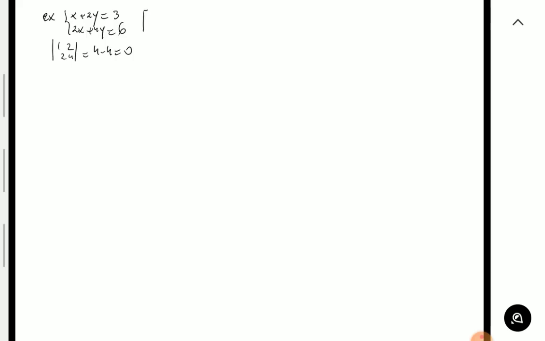So indeed, if you proceed with the row reduction, we multiply the first row by -2 and add. You end up with 0, 0, 0. So this will have infinitely many solutions. You simply solve x in terms of y, and then y is arbitrary.